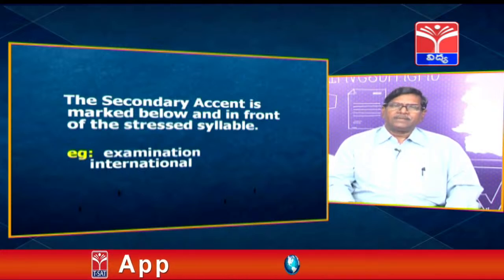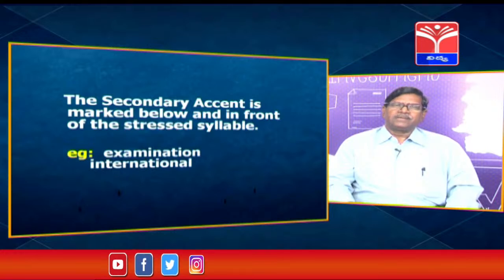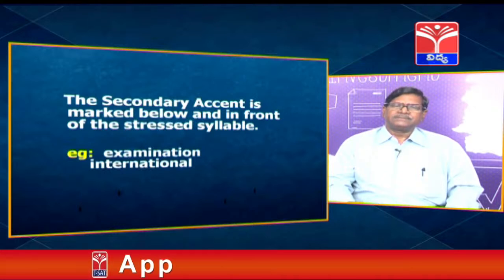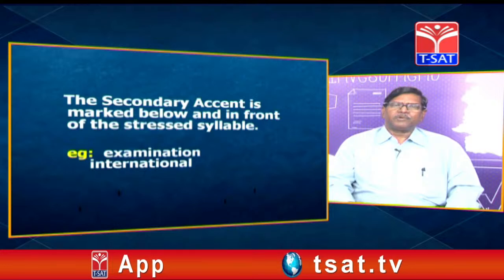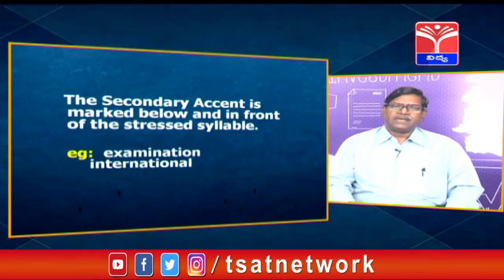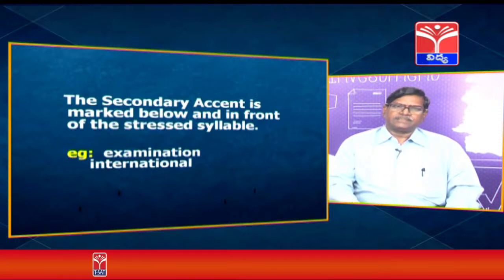That way, in the case of all polysyllabic words, one syllable gains more importance and it is said to receive primary accent, and another syllable which gains less prominence is said to receive secondary accent. So, in the case of polysyllabic words, 2 syllables gain stress. One syllable is said to receive primary accent, another syllable is said to receive secondary accent.